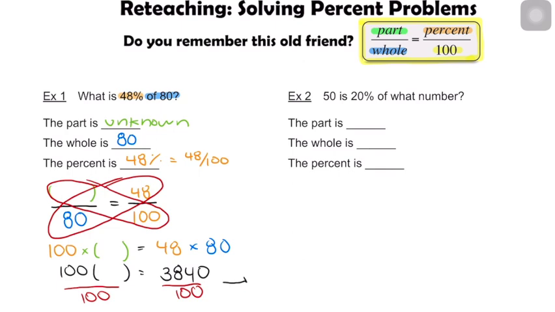And once you get that, you're going to get that the blank is going to be equal to 3,840 divided by 100. That's going to be 38.4. And there we go. We have 38.4 is going to be our part in this problem.